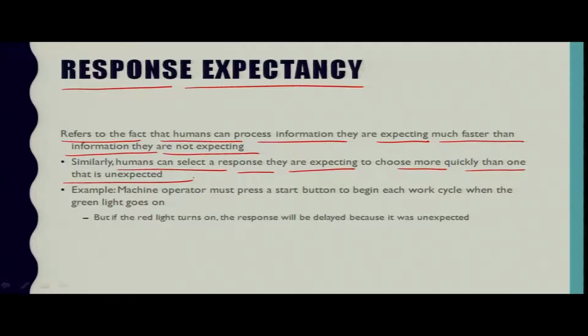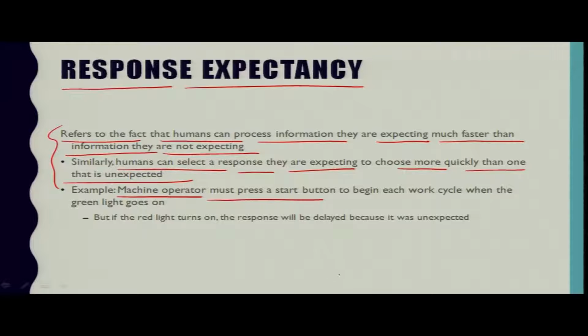As an example, let's take a machine operator who is required to press a start button at the beginning of every semi-automatic work cycle in response to a green light on the machine's control panel. The operator's reaction time will be very rapid and accurate.